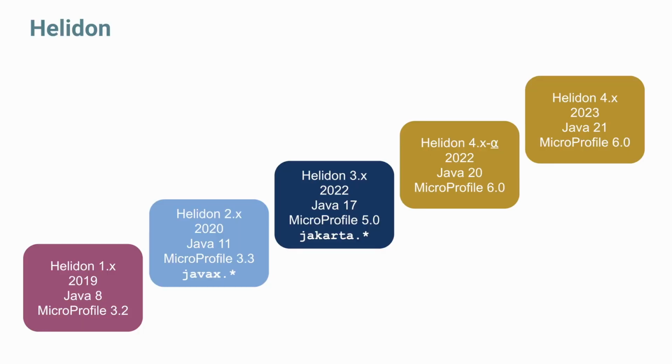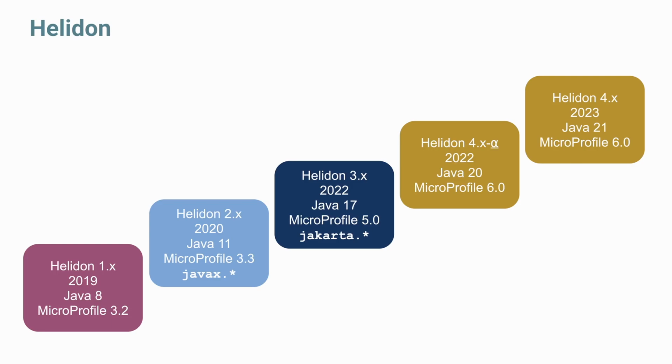Let me tell you a story. As you know, Helidon major releases are usually aligned with Java LTS releases. Helidon's philosophy from the very beginning was to use the latest and greatest features in Java and promote them to our users. In Helidon 1, for example, we adopted everything from Java 8 and MicroProfile 3.2.